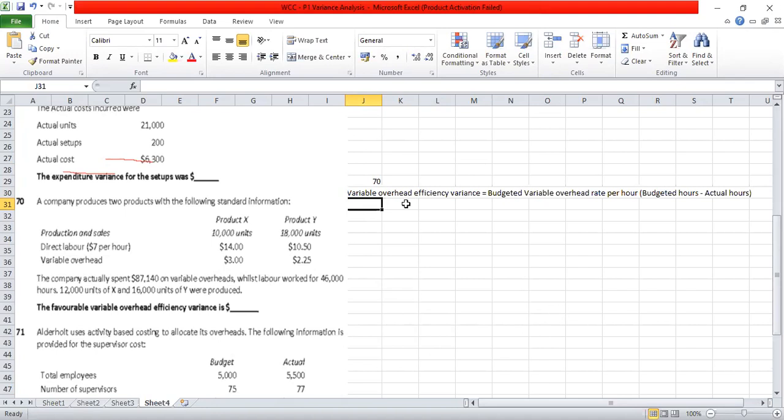So the actual hours are given to us. The total actual hours spent are 46,000. We need to know what the budgeted hours are.